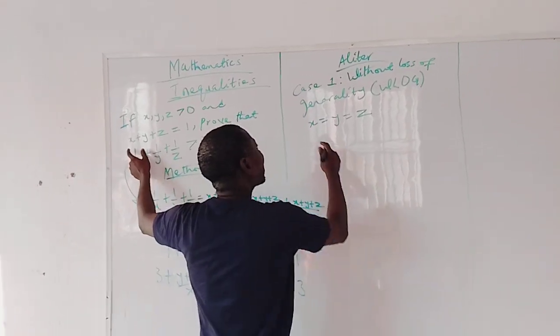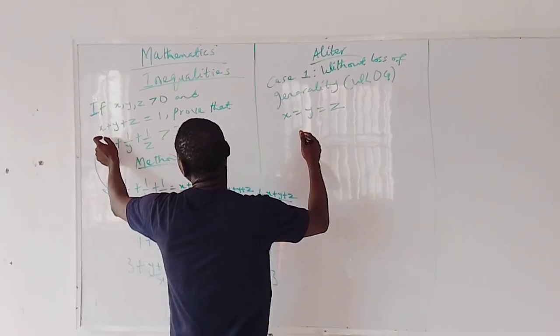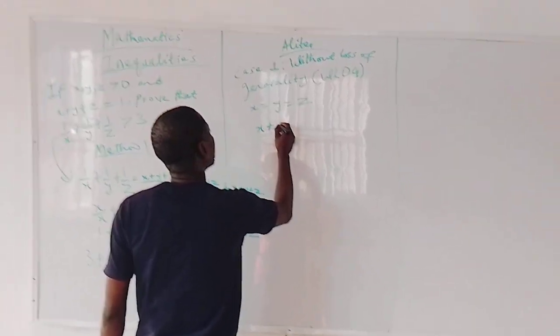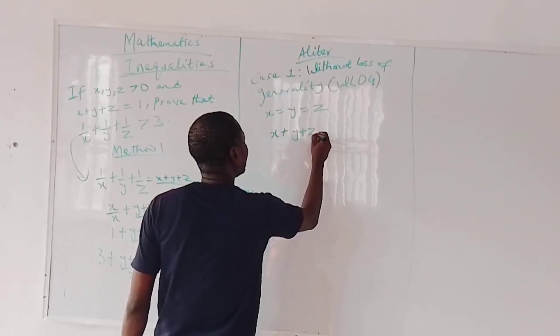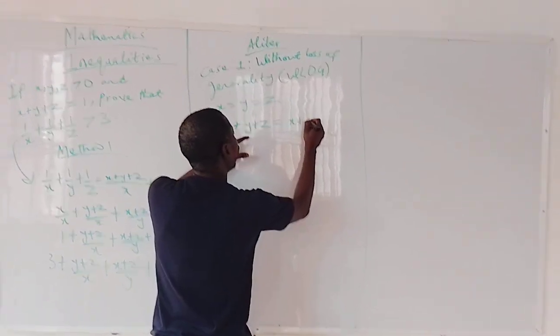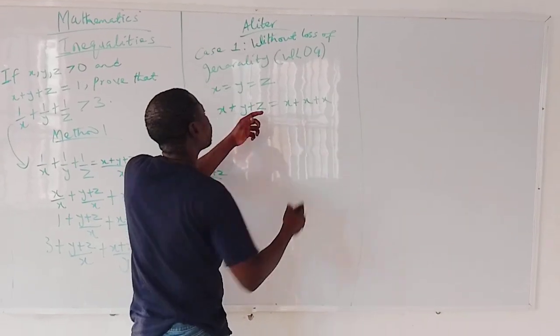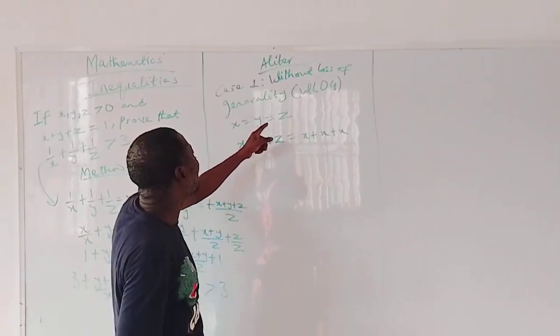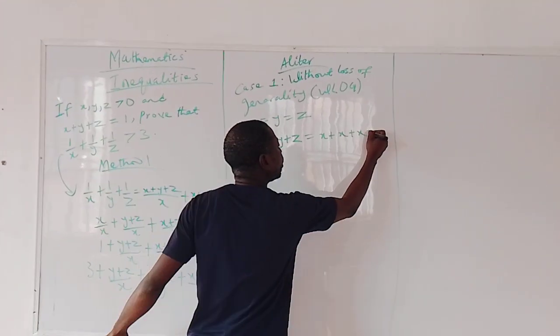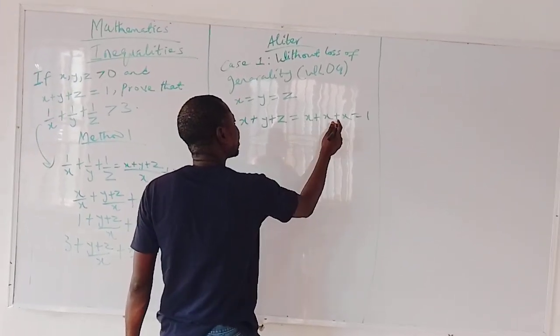So if x equal to y equal to z, then this expression x plus y plus z can now be written as x plus x plus x, because we've said that y and z are also equal to x. Then the result is equal to 1. So what does that imply?